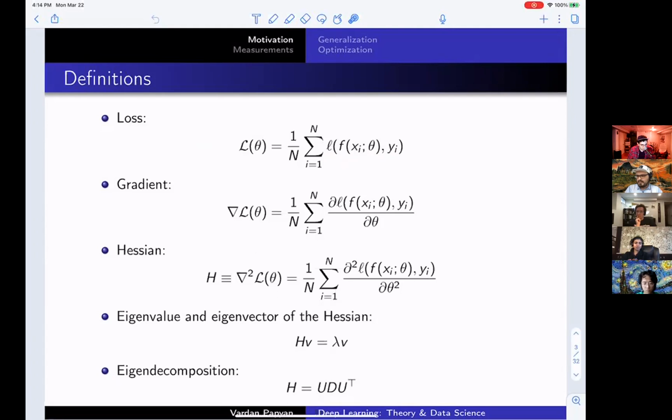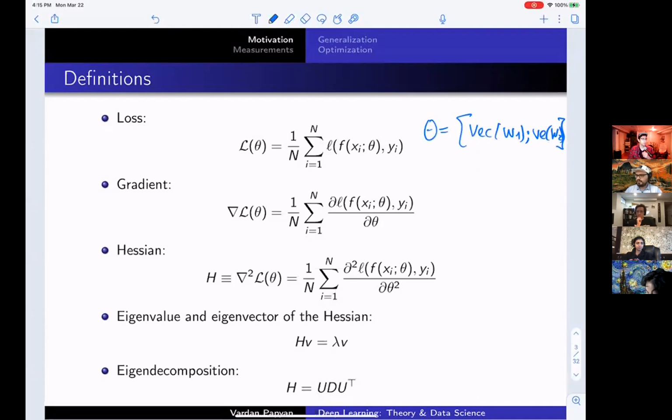The first fundamental quantity we care about is the gradient, which is just the derivative of the loss with respect to the parameters of the model theta. Specifically in the homework, theta would be something like vec of W1, maybe followed by vec of W2, right? So it's just a long vector, which is the concatenation of all the parameters in the model.